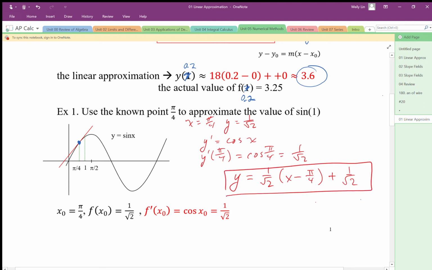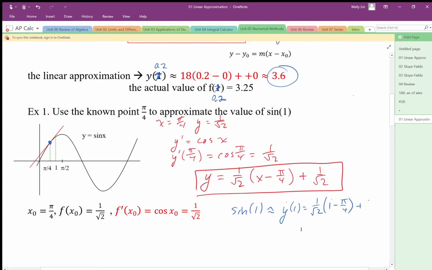This is the line that I'm going to use to approximate the y value at x equals 1. So sine 1 is approximately equal to this value here. Maybe I'll write it like this: sine of 1 is approximately equal to y of 1, which is equal to 1 over root 2 times 1 minus pi over 4, plus 1 over root 2.